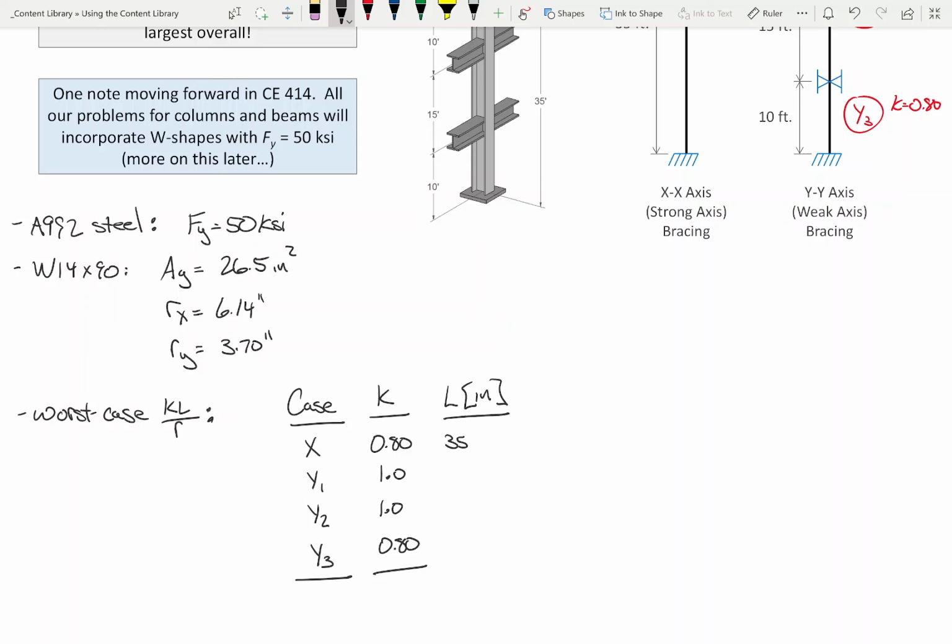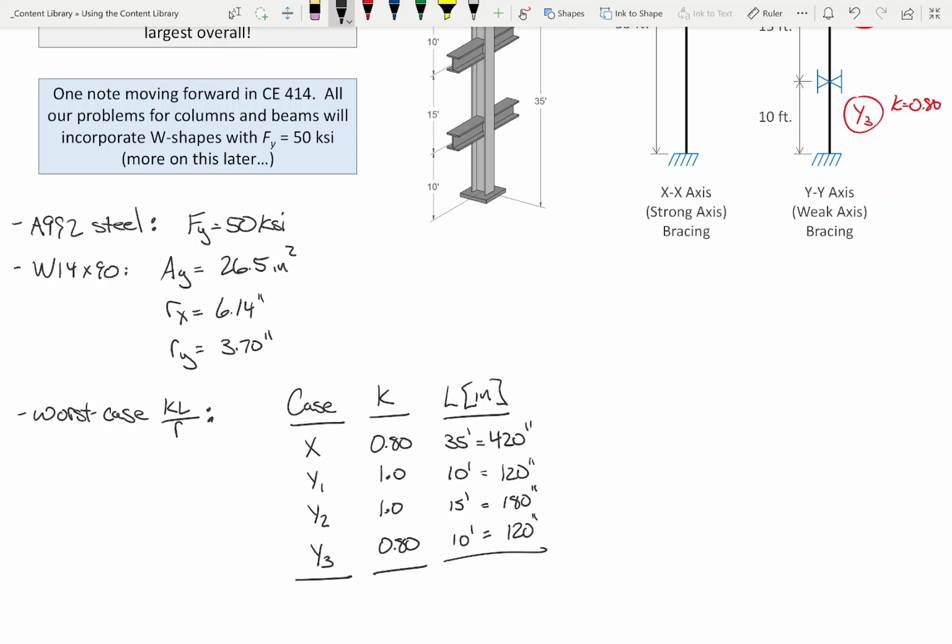We'll say 35 feet equals 420 inches. And then what was it? 10, 15, 10, which is 120, 180, and 120.